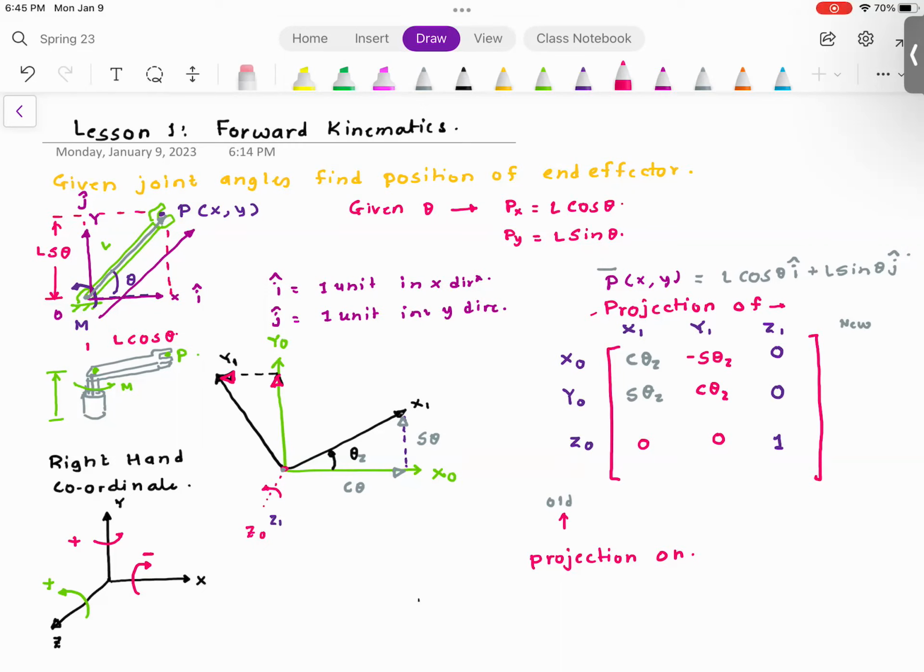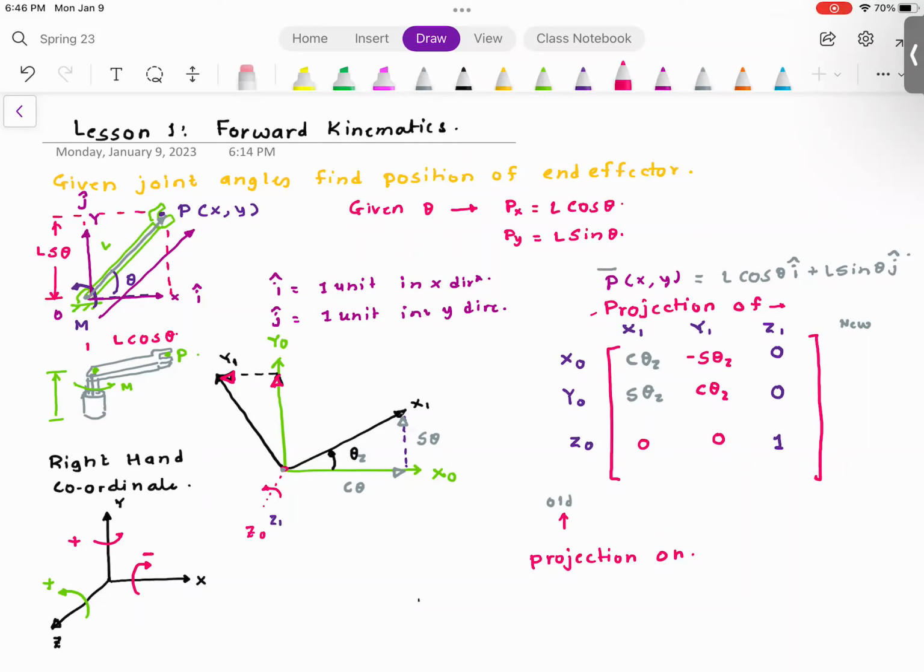Projection matrix is the projection of the new coordinate frame onto the old coordinate frame. X1, Y1, Z1 is the new rotated coordinate frame. X0, Y0, Z0 is the old coordinate frame.